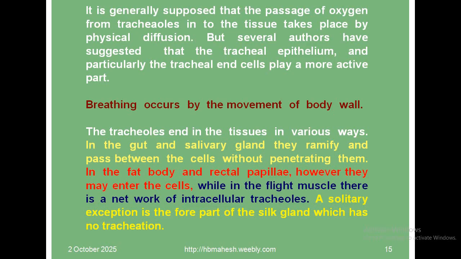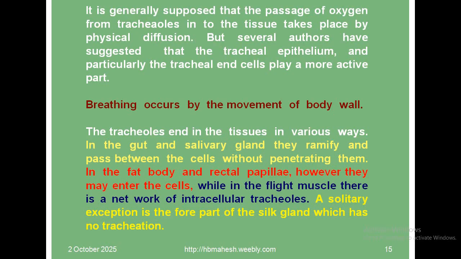Breathing occurs, as we discussed in the beginning, by the body wall movement. The tracheoles end in the tissues in various ways. In the gut and salivary gland, they ramify and pass between the cells without penetrating them. This tracheal distribution depends directly upon the rate of metabolism of a particular tissue.